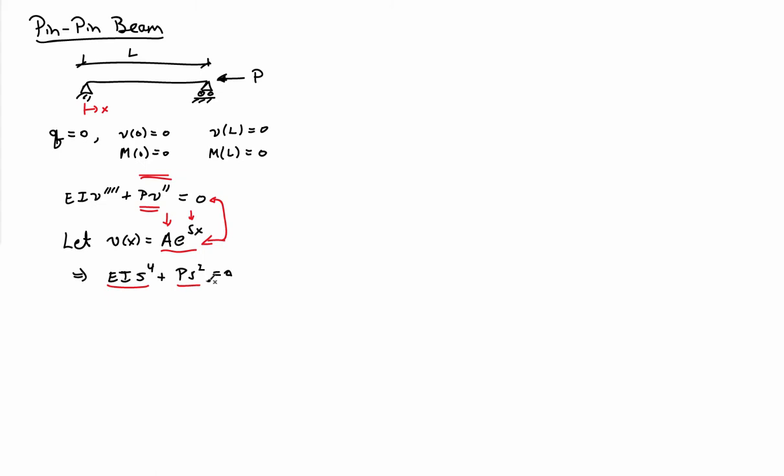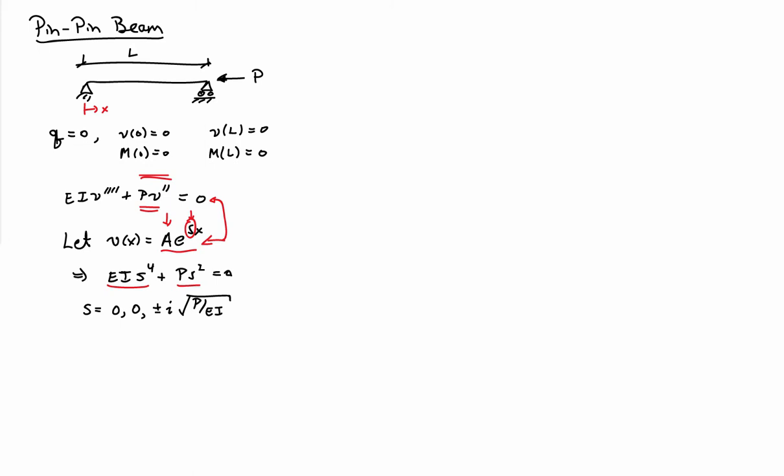So this is known as the characteristic polynomial, and this allows me to determine what these parameters s are in my assumed functional form. If I solve for s, I have 2 roots which are 0, so s equals 0, plus or minus i times the square root of P over EI. So these are the 4 roots of my characteristic polynomial.